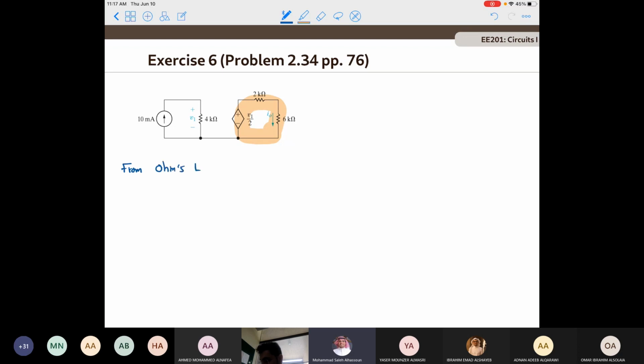From Ohm's law, V1 can be found by applying Ohm's law in this loop. So V1 would be what? 4K multiplied by 10 milli, which is 40 volts, right?